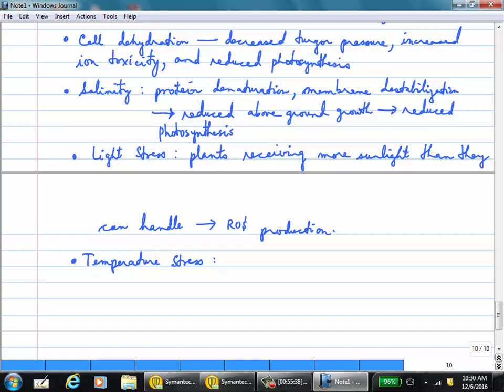So temperature stress is going to mess up protein stability, and that means enzymatic reactions. Let's say at high temperature Rubisco is there. You're supposed to use it for doing photosynthesis. It got messed up because of high temperature, so it's not going to be able to function as an enzyme. So enzymatic reactions will also get messed up.